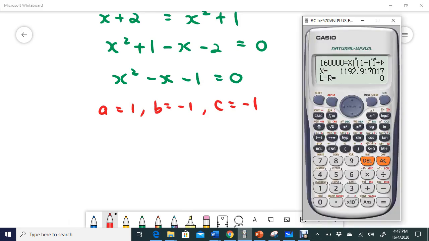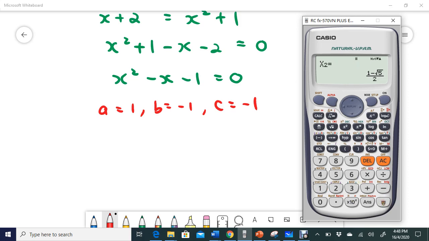So use your calculator. Again, shift 9 3 equal, reset everything. So key in the things. You have equation, so 5, then you press 3. So you have 1, -1, and -1. Okay, so get your answer.